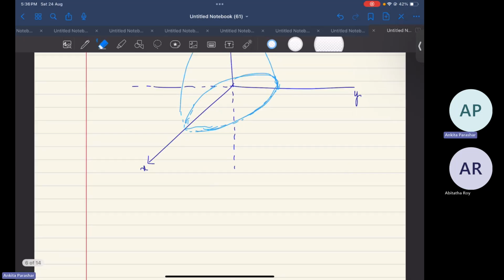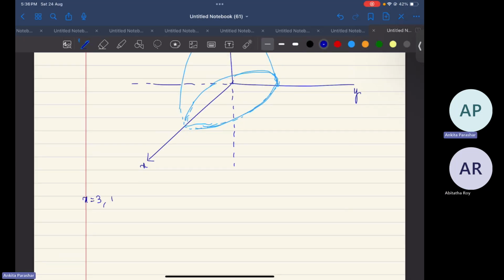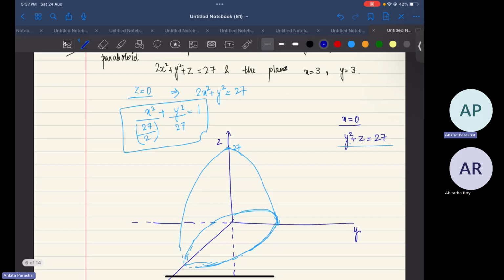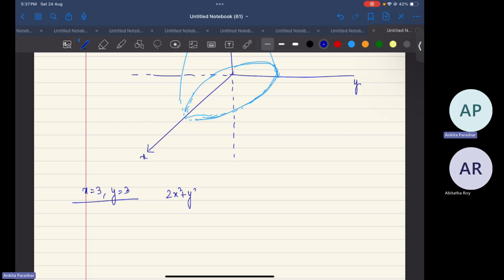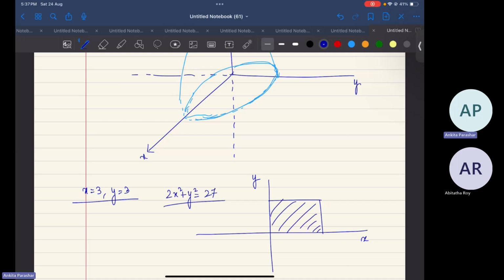The projection of the surface is 2x square plus y square equal to 27. If I draw the planes x equal to 3, y equal to 3 in my xy plane, this is my 3, 3 and this is my 3, 0, 0, 3, 0, 0. This is the projection of the planes x equal to 3, y equal to 3 in the xy plane.